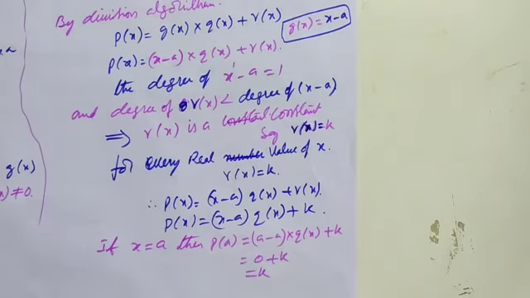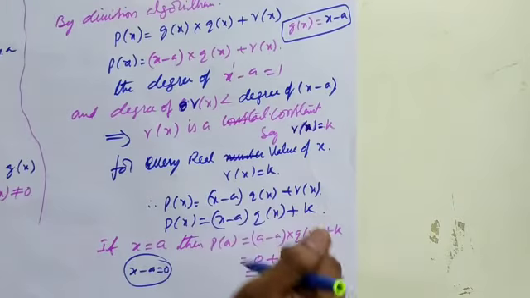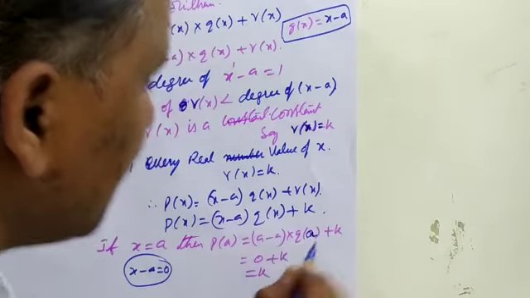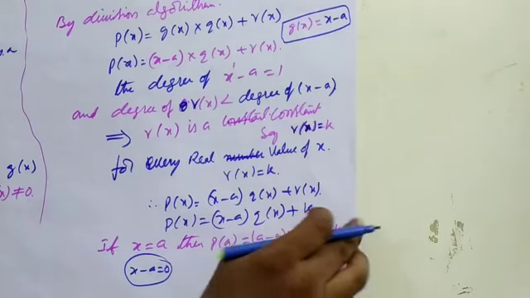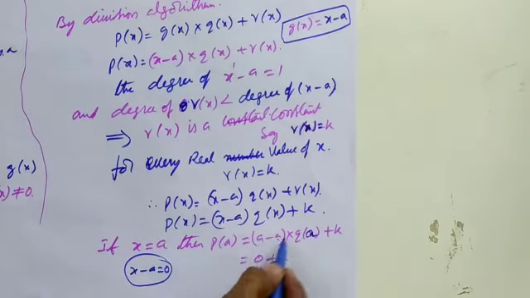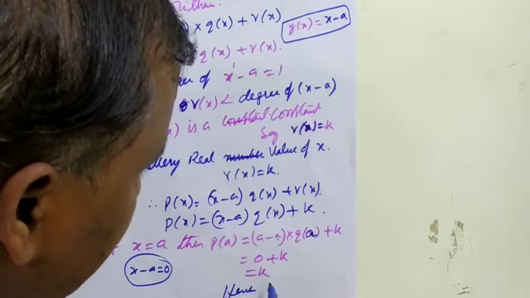What is the meaning of x equal to a? It means x minus a is equal to 0. Replacing x with a, p of a is a minus a into q of a plus k, which is k. Hence proved.